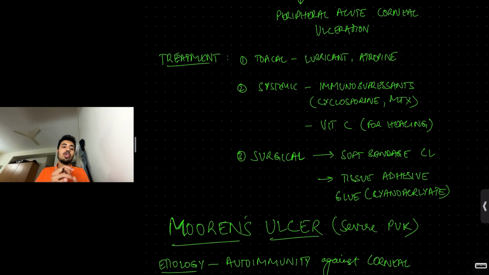Treatment is topical medications such as lubricants and atropine, systemic medications, immunosuppressants like cyclosporine and methotrexate for the connective tissue disorder, vitamin C to promote collagen cross-linking and healing, and surgical measures such as soft bandage contact lens as well as tissue adhesive glue such as cyanoacrylate to prevent the perforation. This is about PUK with CTD.